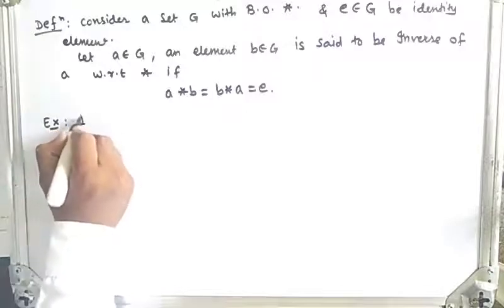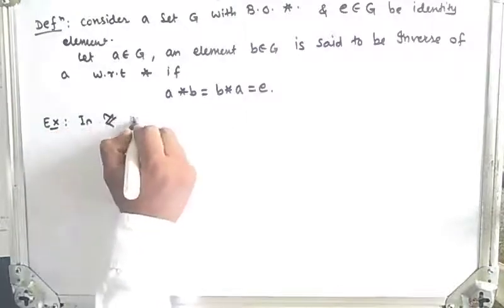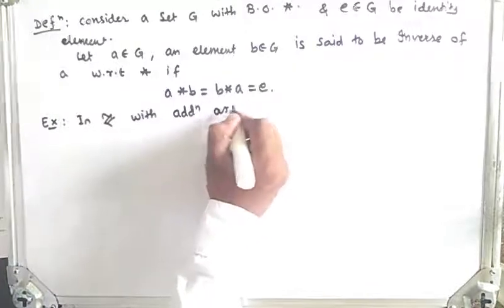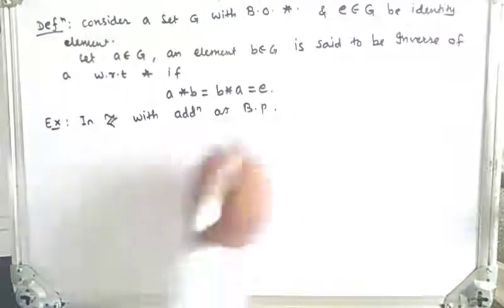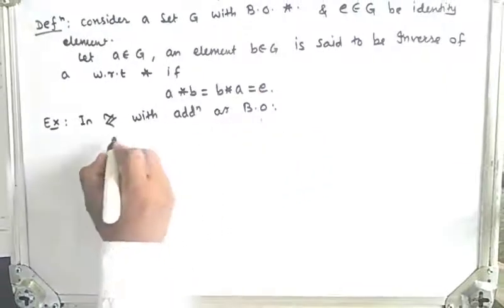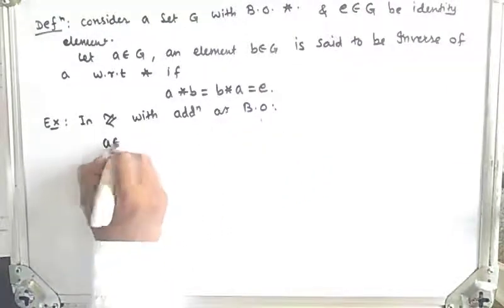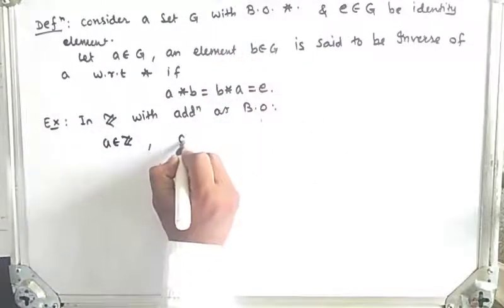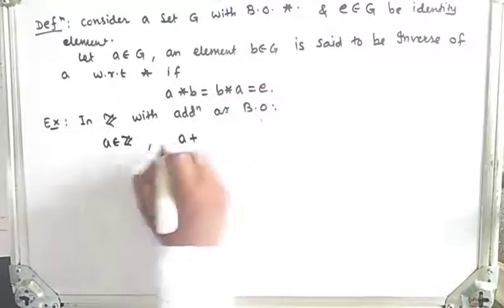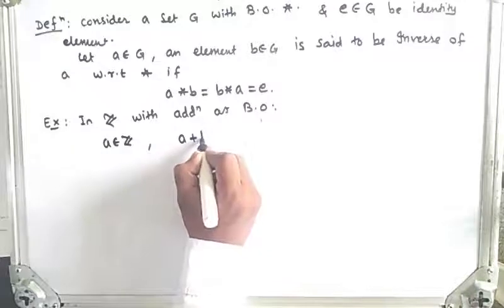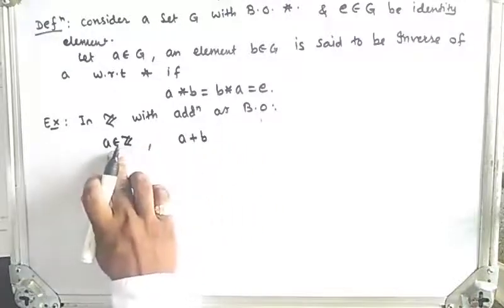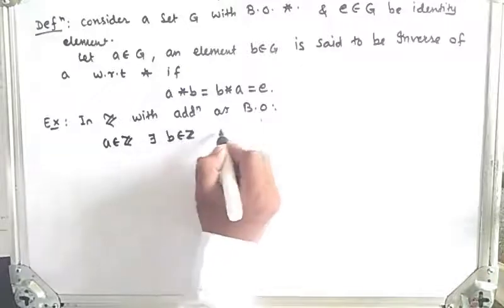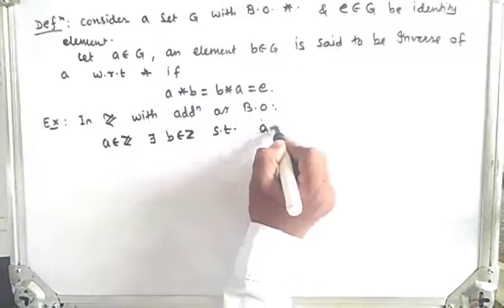in the set of integers with addition as the binary operation, if I take a belongs to Z, then what is our property? The operation is addition, so for a belongs to Z, there exists b belongs to Z such that a plus b equals the identity.